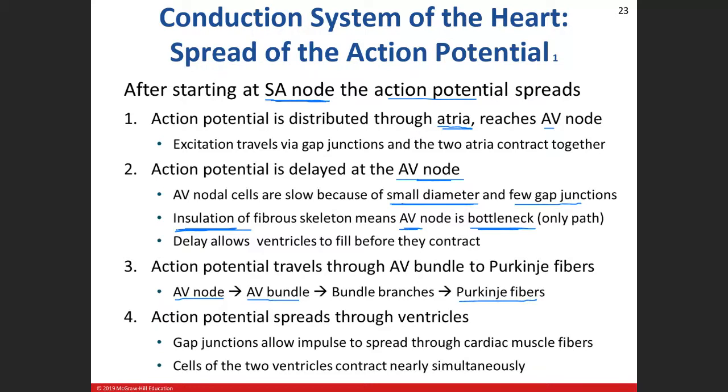And then from there, the action potential will spread across the ventricles as it did in the atrium, through the gap junctions and whatnot, through all the cardiac muscle fibers. That phenomenon helps both of the ventricles contract at the same time.